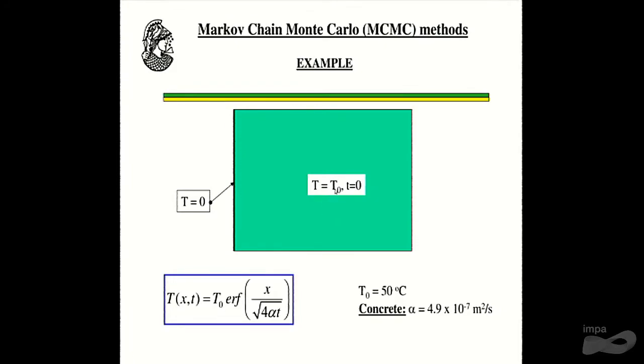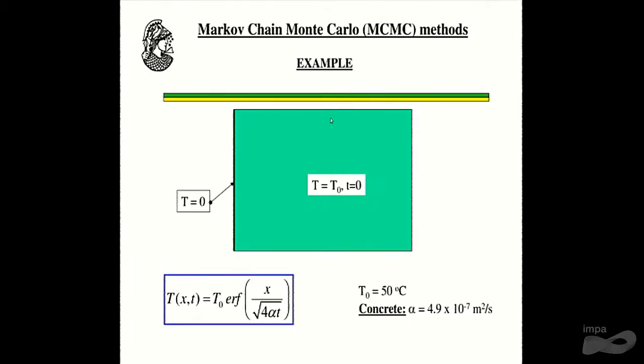And at time t equals 0, for times larger than 0, this surface is maintained at temperature T equals 0. So this is the solution of the problem, where we have two parameters, T0 and alpha, okay?